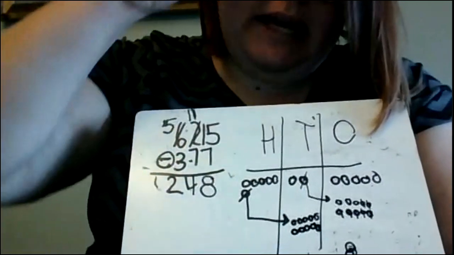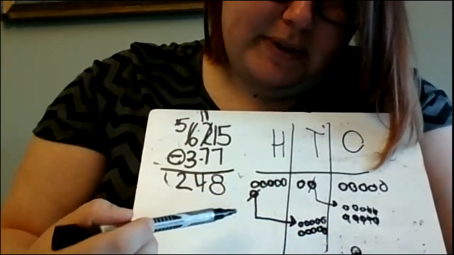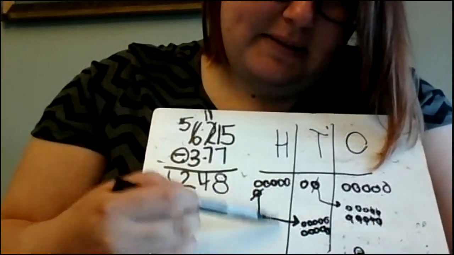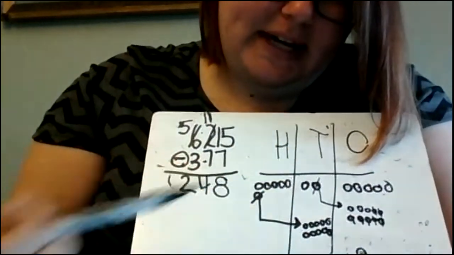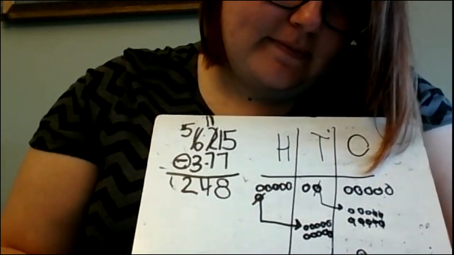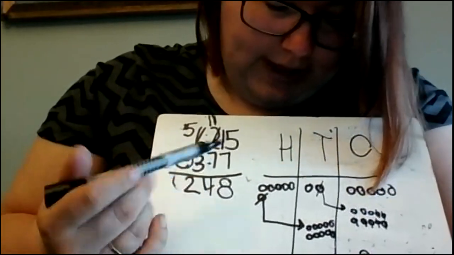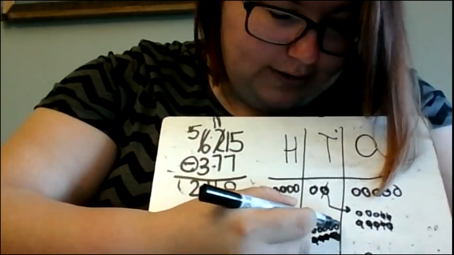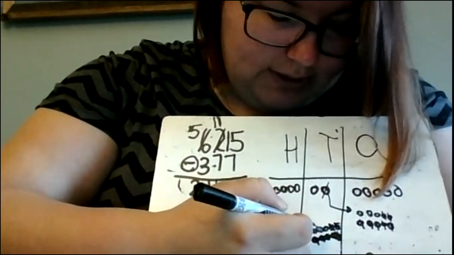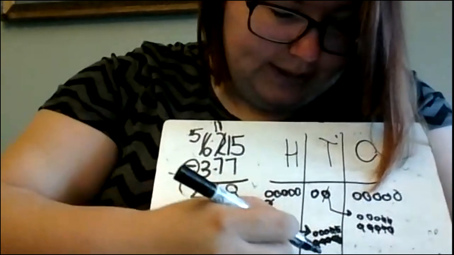Now I'm taking my time and writing them neatly and making sure that they are rows of 5 so that I don't make a silly mistake when I'm checking. So now I need to take away how many tens? Right, 7 tens. 1, 2, 3, 4, 5, 6, 7. And I have 1, 2, 3, 4 tens left over.